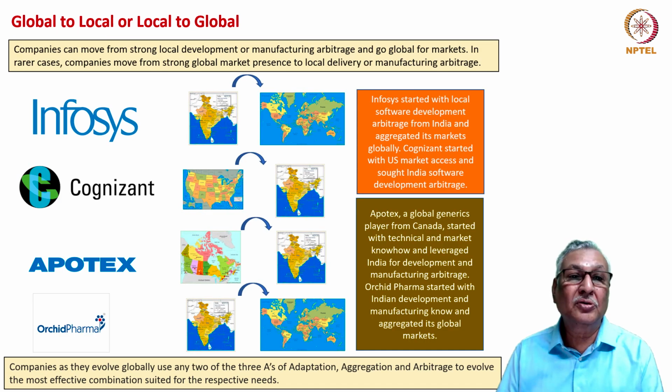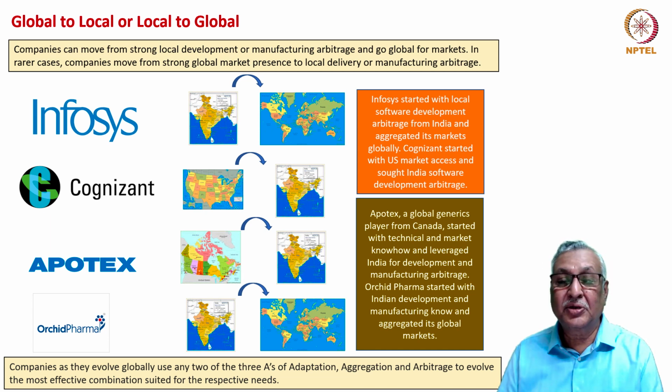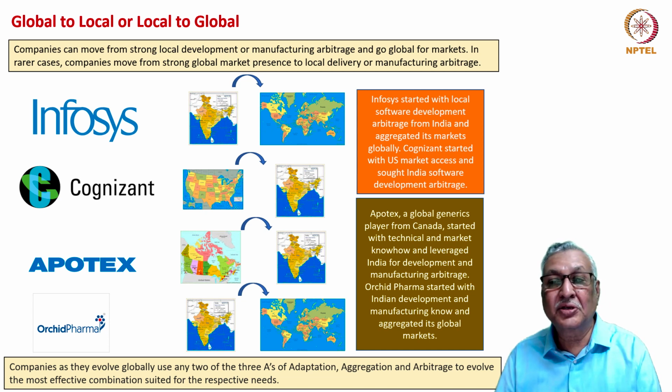Should we go global to local or local to global? Companies can move from strong local development or manufacturing arbitrage and go global for markets. In rarer cases, companies move from strong global market presence to local delivery or manufacturing arbitrage. Companies such as Infosys established strong local development competencies in India and executed a global development model based on these competencies.